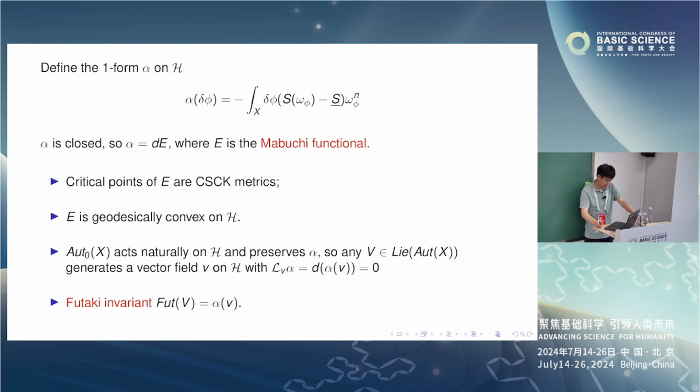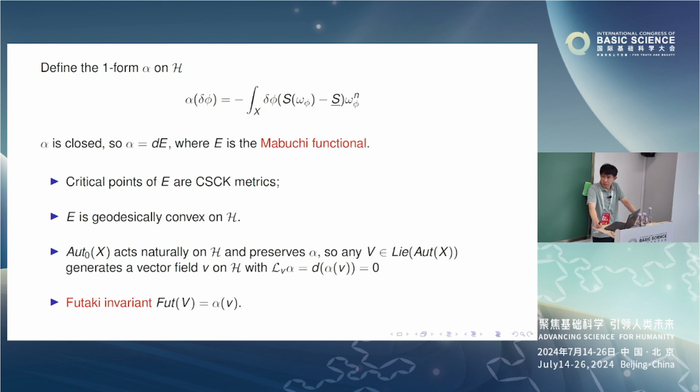The Futaki invariant was, of course, defined before the Mabuchi functional, but you can recover the Futaki invariant using the Mabuchi functional. Formally, Aut zero, the identity component of the automorphism group, acts naturally on H by pulling back the Kahler metric, and you can check it preserves the one form alpha.